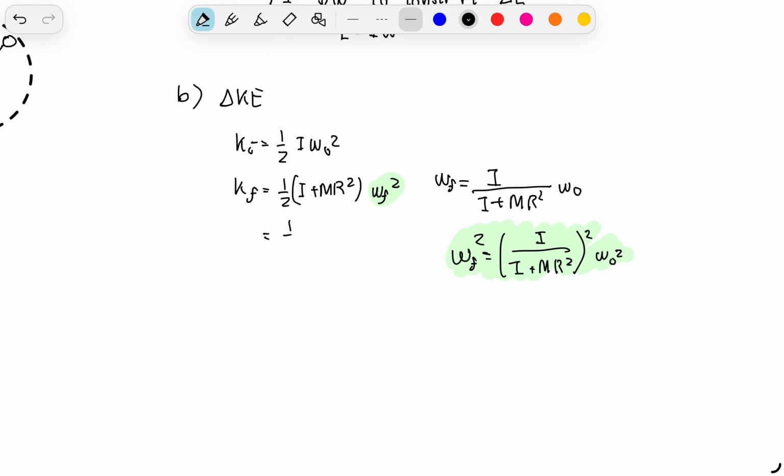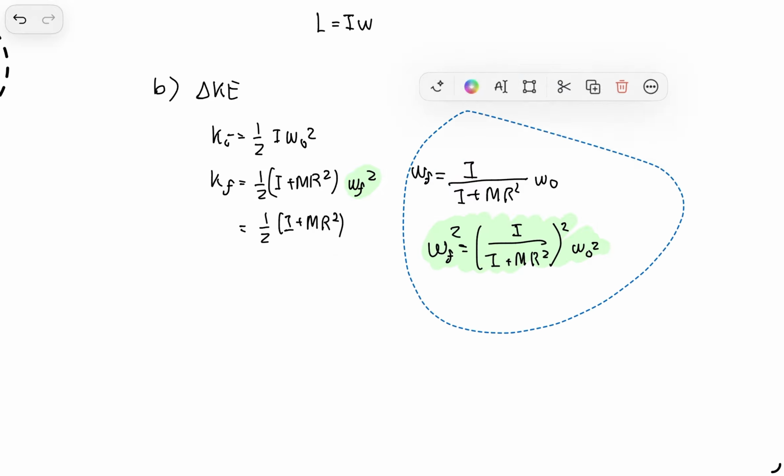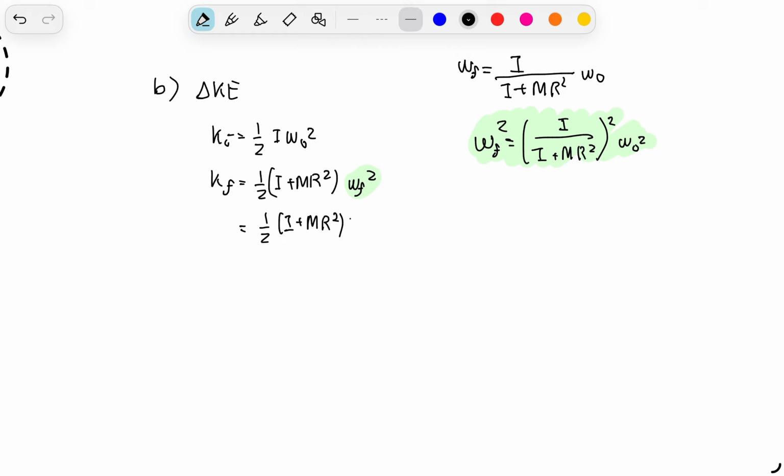Our equation is 1/2 (I plus the mass radius squared) times I squared over (I plus the mass radius squared) squared times omega initial squared.